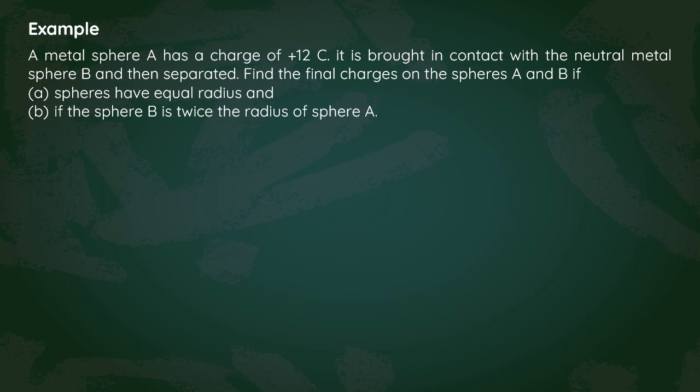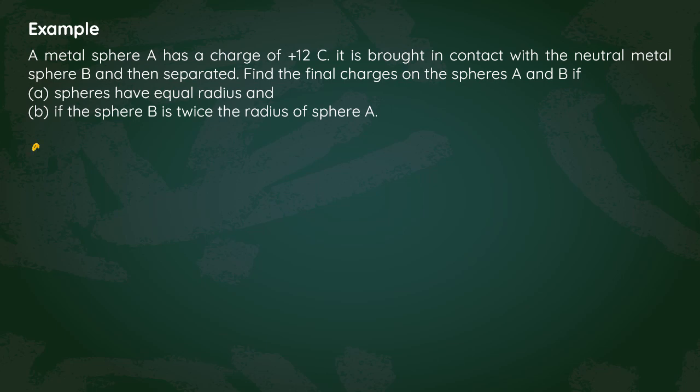So let's identify the different given values in this problem. What are our given values here? First, we have sphere A, having a charge of positive 12 coulombs, and sphere B, since it's neutral, is considered to have a charge of 0.